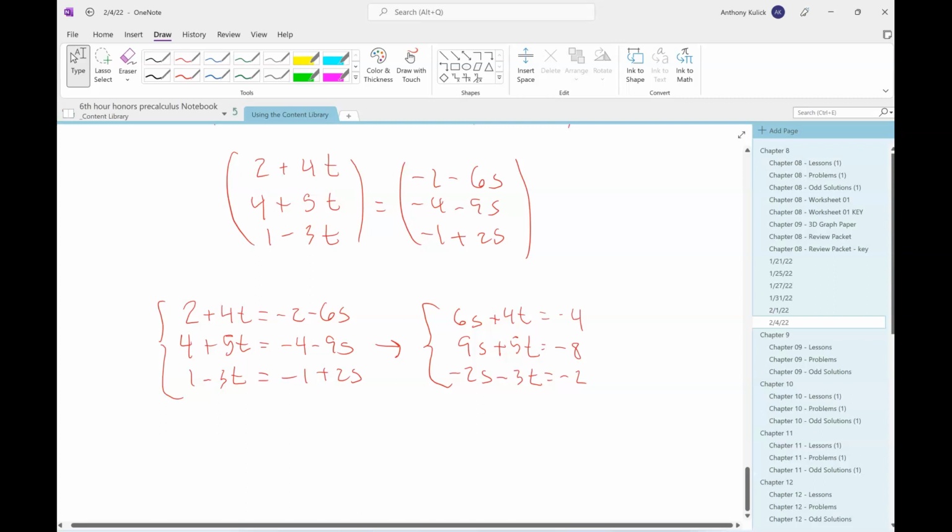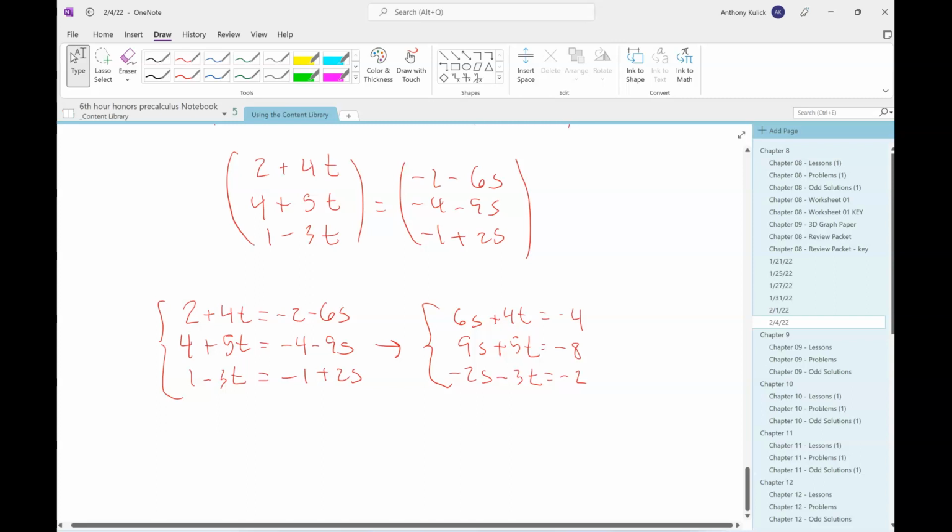Everybody feel okay with what I've done there? Does it matter whether I wrote the S's first or the T's first in my standard form? Not really, right? Okay. Look at this system, though. Do you notice something unusual? How many variables do we have in our system? 2.